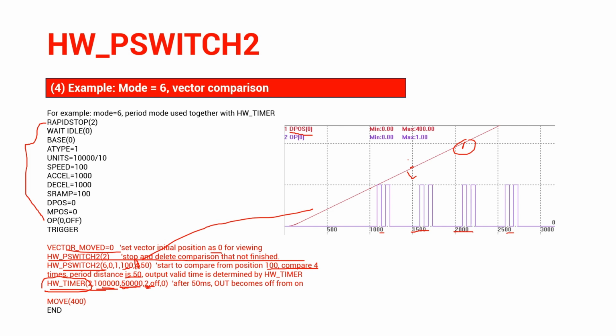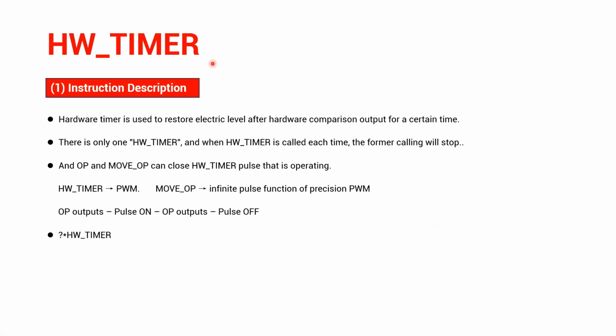For Mode 1, it uses a table to set comparison points, so the intervals of points can be customized. The last one, HW timer. It does timing, then controls OP high-speed inversion. Each controller has one HW timer. If we use a new parameter, the former code will be cancelled compulsorily.